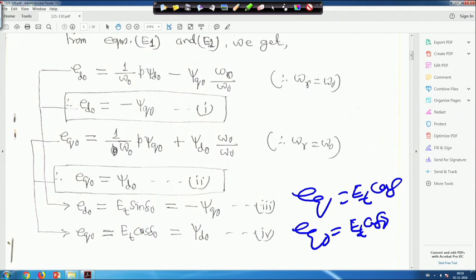Therefore this EQ0 is equal to ET cos delta 0, and that is nothing but psi d0, this is equation 4. This is how ED0 and EQ0 can be simplified, how one can obtain this, right.